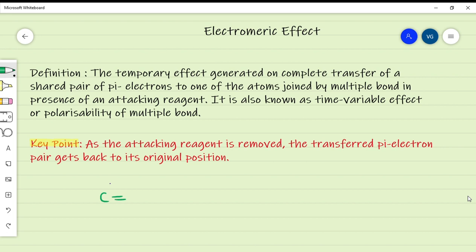Suppose this is a compound having a double bond, and if it is attacked by a proton, to provide electrons to this proton, the pi bond breaks and the electron pair completely transfers to one of the carbon atoms, especially in this case. So what are the products?